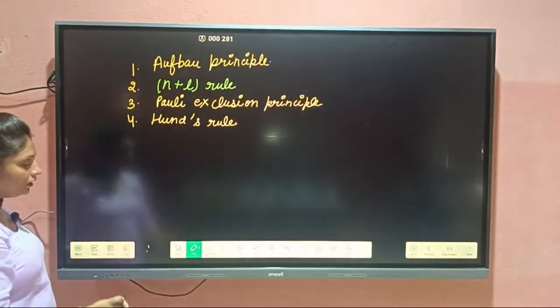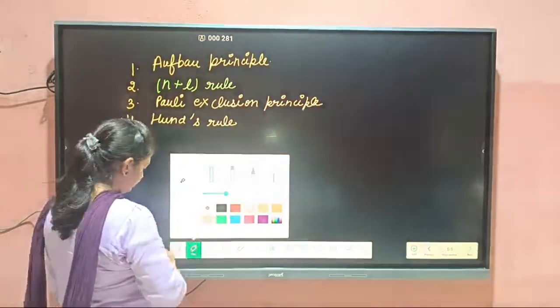What do you mean by the Aufbau principle?